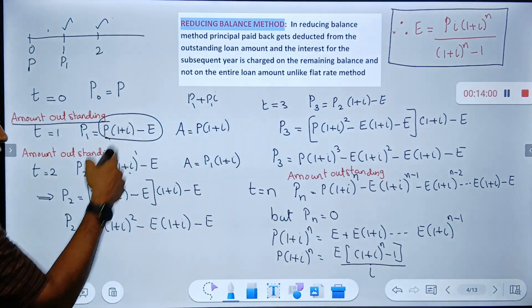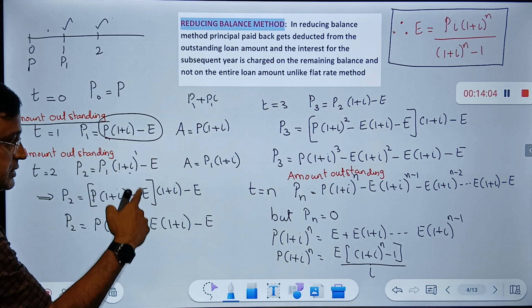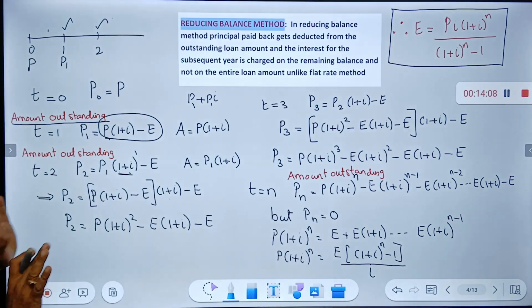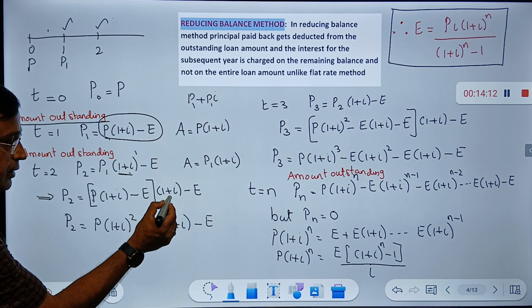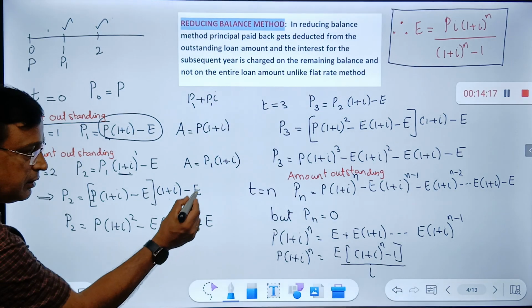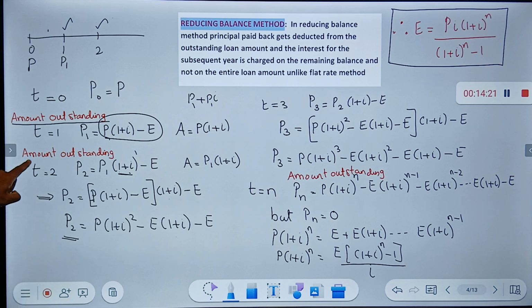I substitute this here. So P1 is P into 1 plus I minus E. Simple algebra. In place of P1, you substitute this value. Now you open the bracket. P into 1 plus I whole square minus E into 1 plus I minus E. This is the principal outstanding at the end of the second tenure.